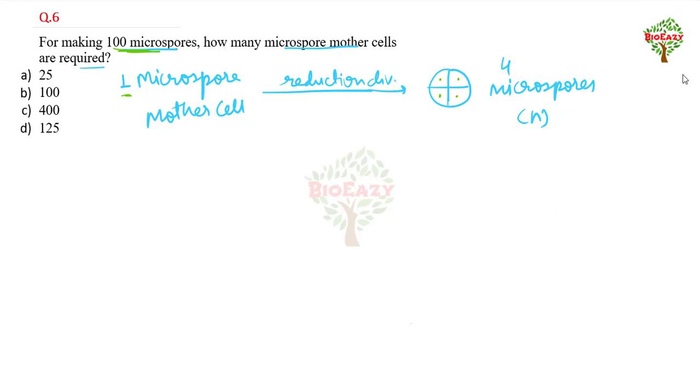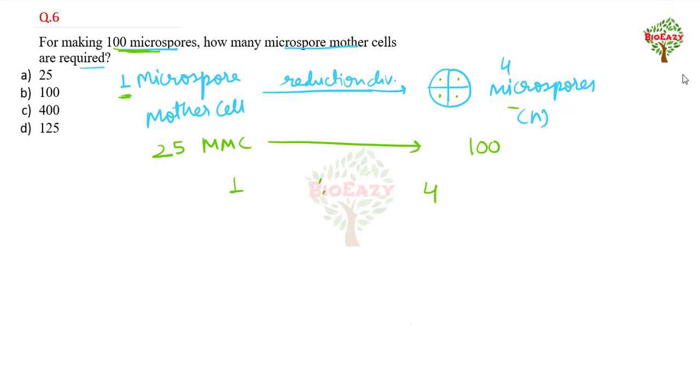From one microspore mother cell, 4 microspores are formed. So for the making of 100 microspores, we need 25 microspore mother cells. Clear? So here the ratio is 1:4.